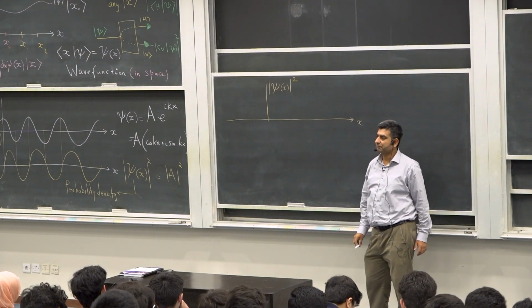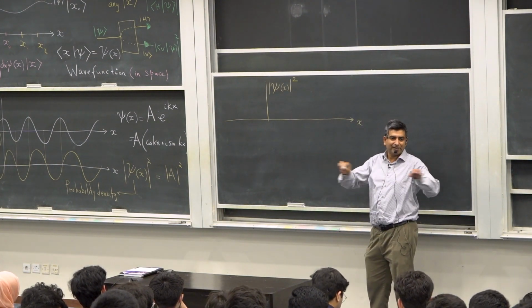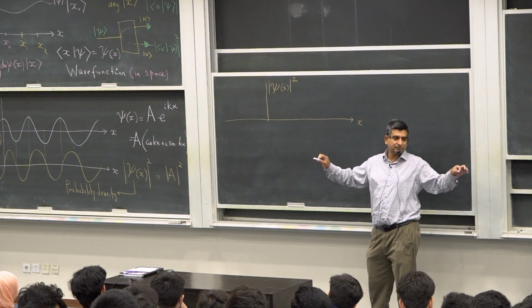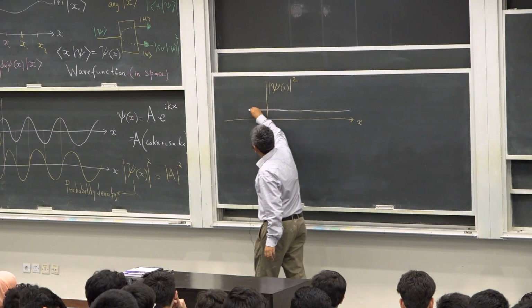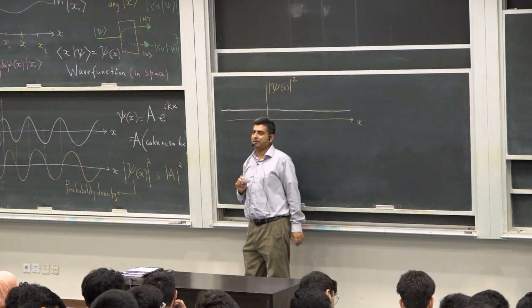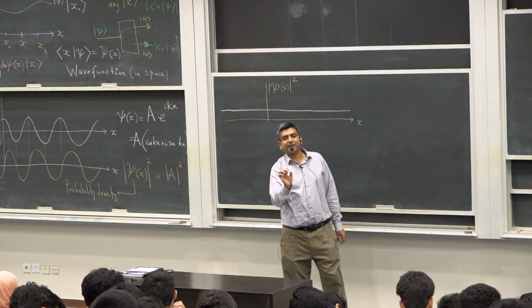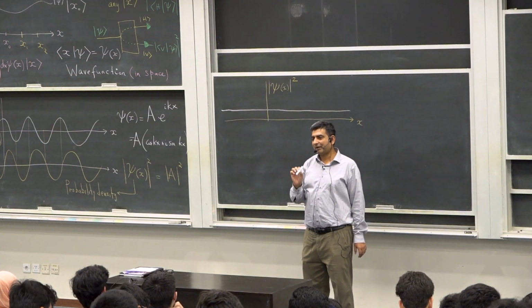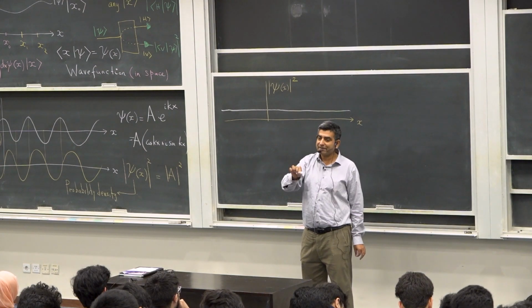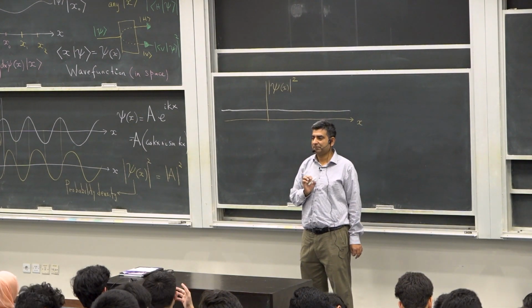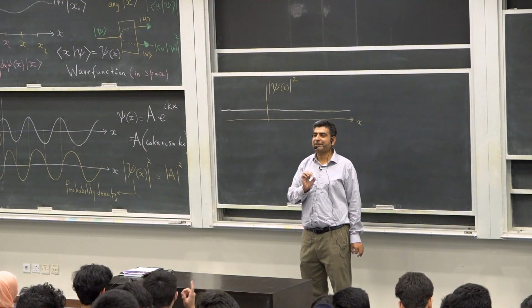Straight line, correct? It's a mod square, it doesn't depend upon x. You get a straight line. And this straight line tells me the probability of finding the location at some point in space. That's why it's called the probability density function.